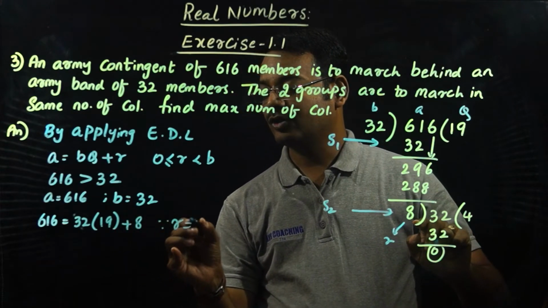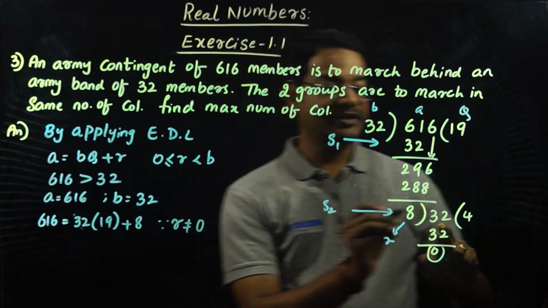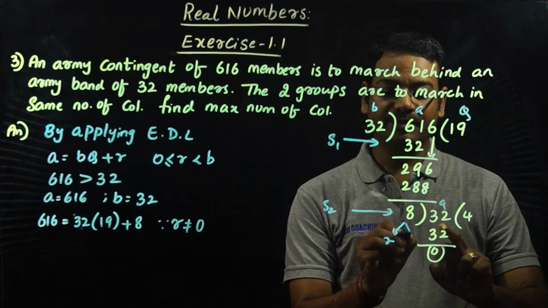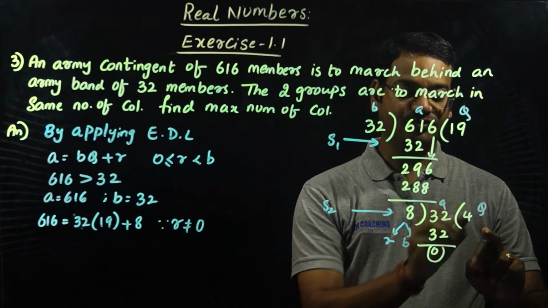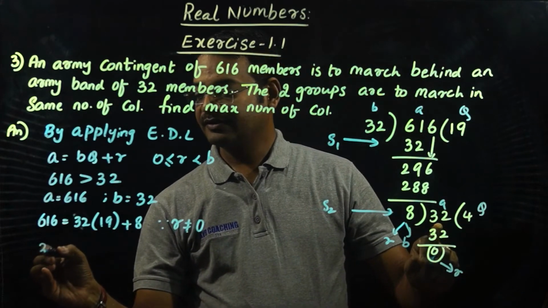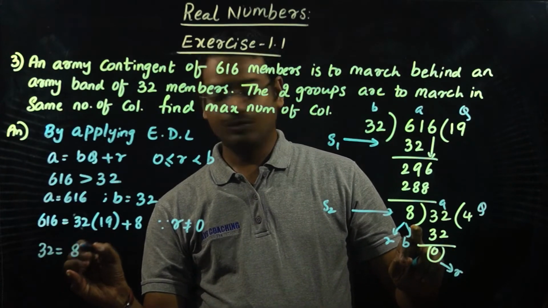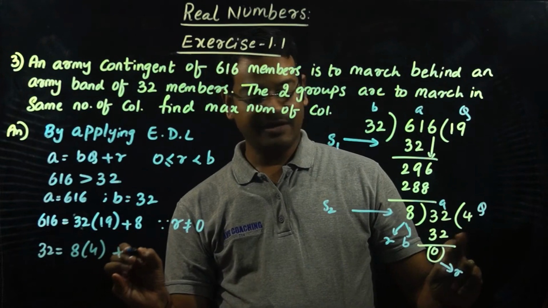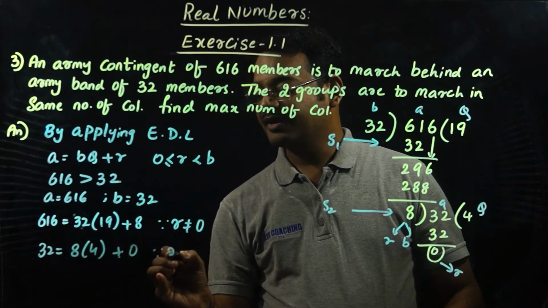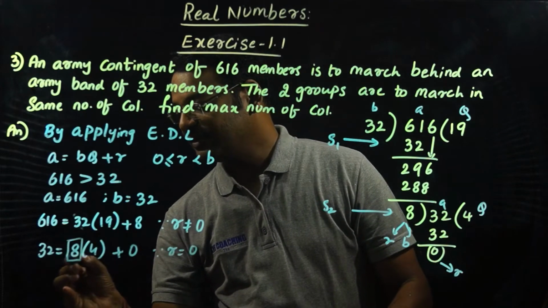As R is not equal to 0, we'll proceed to the second step, where A is 32, B is 8, the quotient is 4 and the remainder is R. So here A is 32, B is 8, quotient is 4 and remainder is 0. As the remainder is equal to 0, we'll stop the division and take the B value as the HCF.